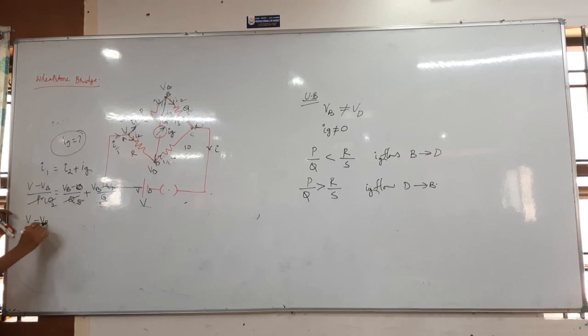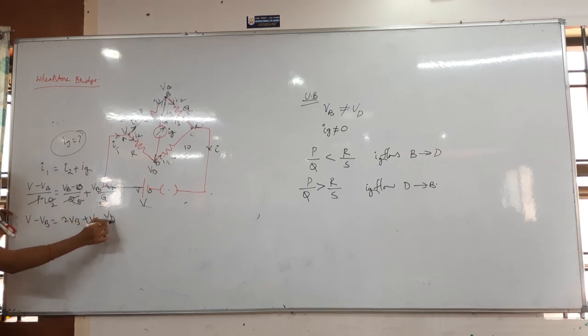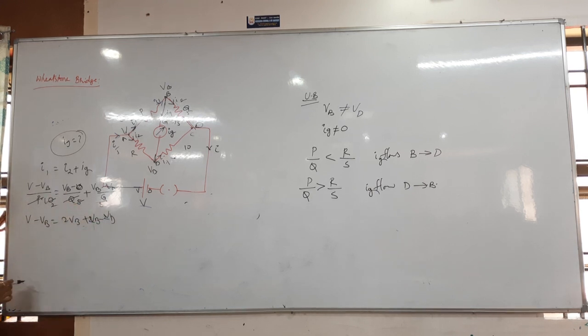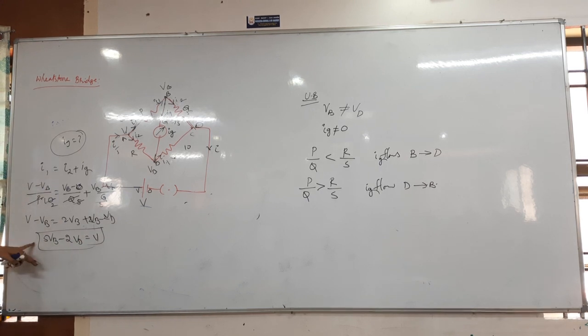Then V minus VB equals 2VB plus VB minus VD. Then we get 5VB minus 2VD equals V. That is the potential difference between VB and VD.